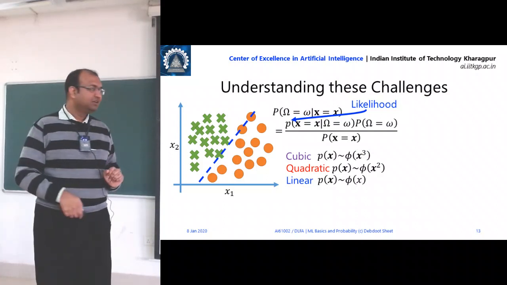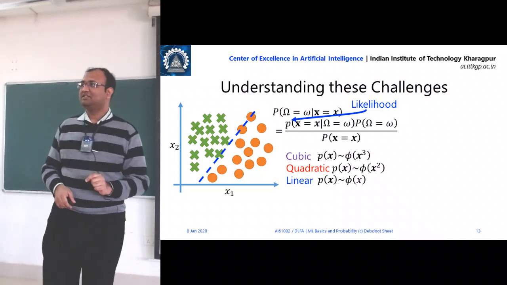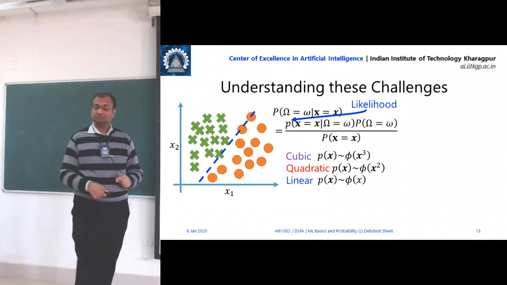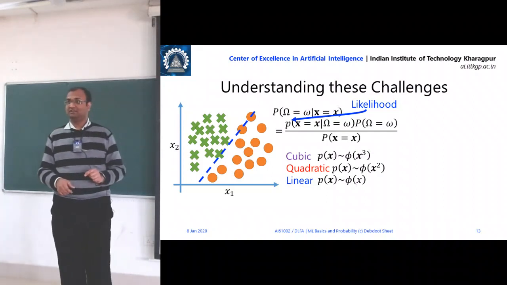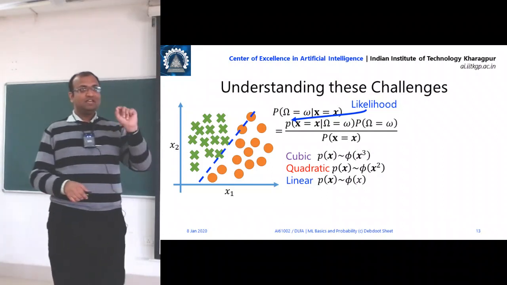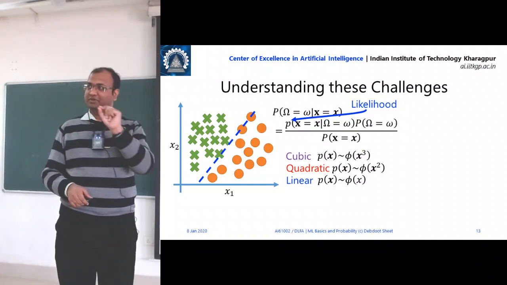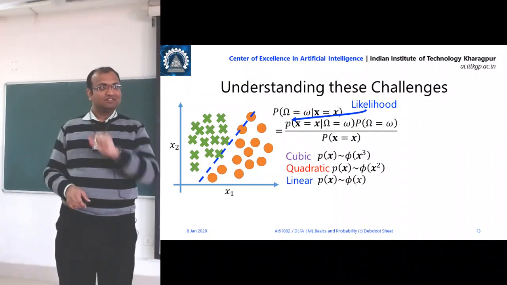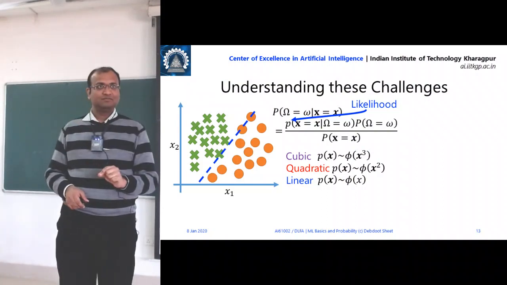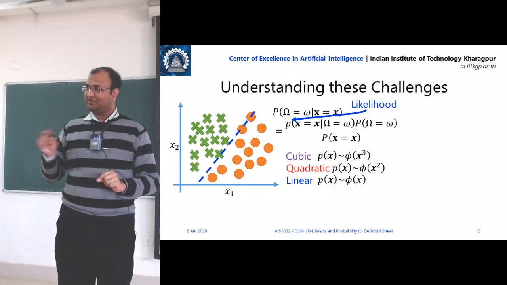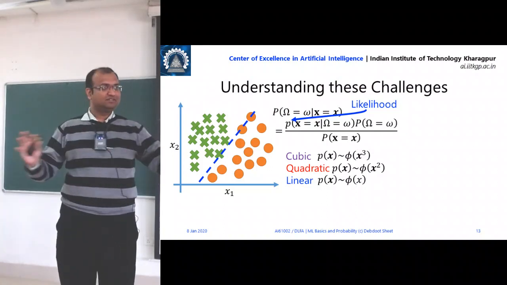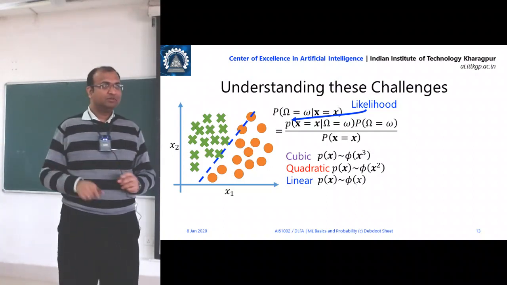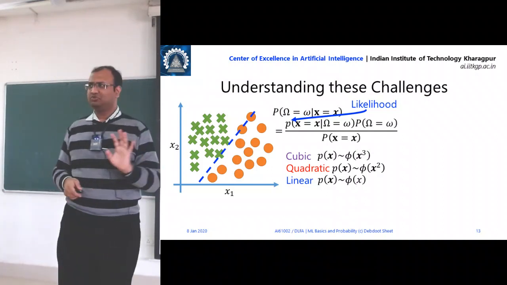Right? For a quadratic, how many free variables are there? No. For a full scale quadratic, ax square plus by square plus cx plus dy plus exy plus a constant f. So you get 6 over there. Similarly, if you go for cubic, I think it comes to 16.